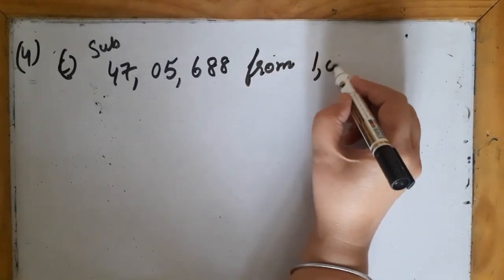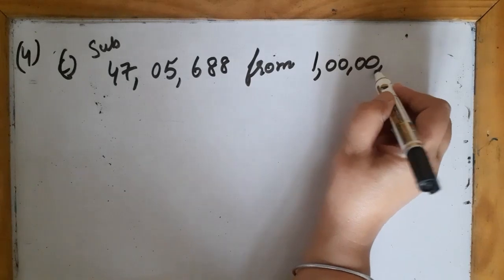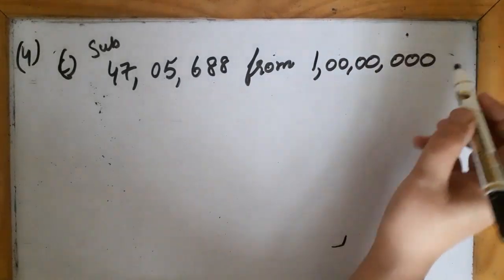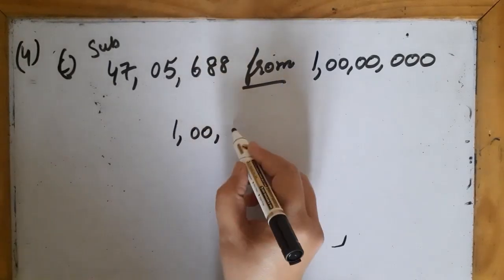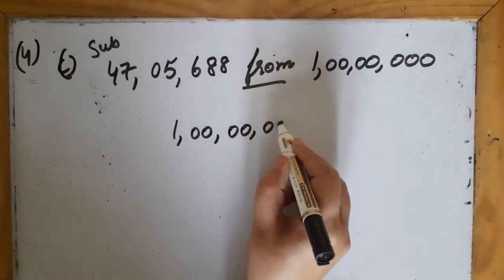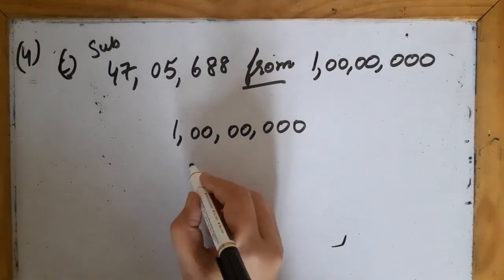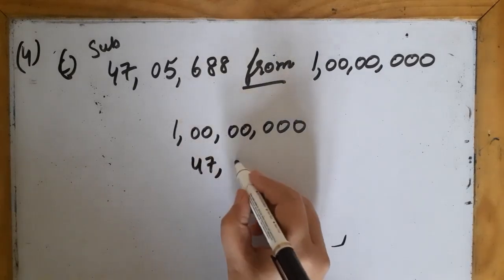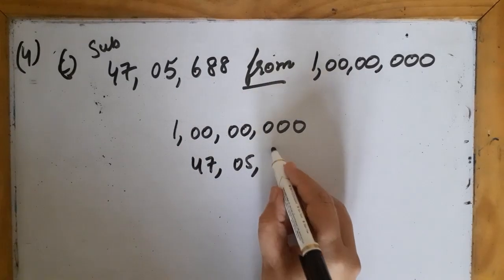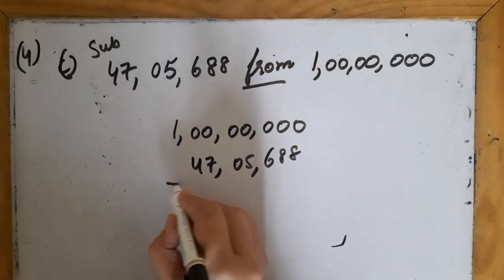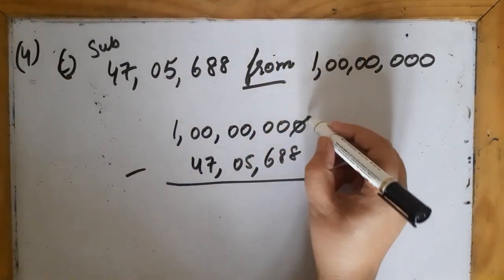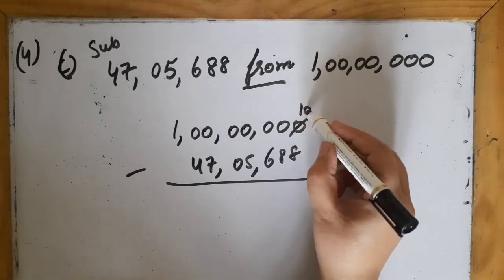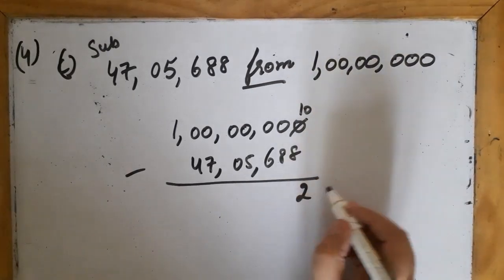And how do you write 1 crore? This is 1 crore. So when I subtract, I'll write 1 crore on the top. From 1 crore I have to subtract 47 lakhs 5,688. Now how to subtract? This will become 10. From 10 I have to subtract, that will become 2.